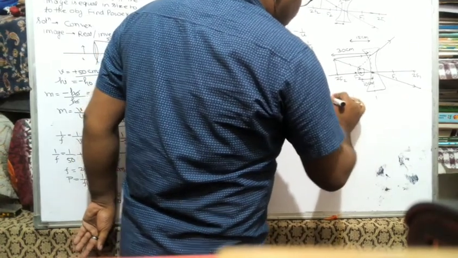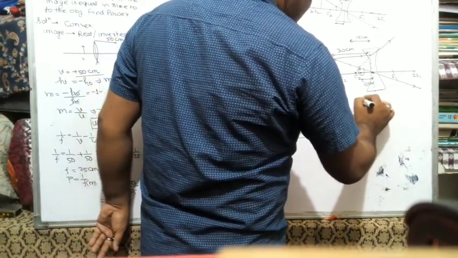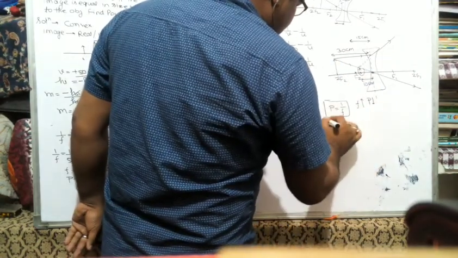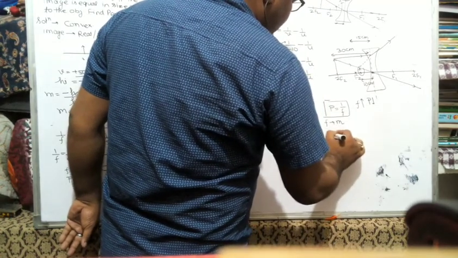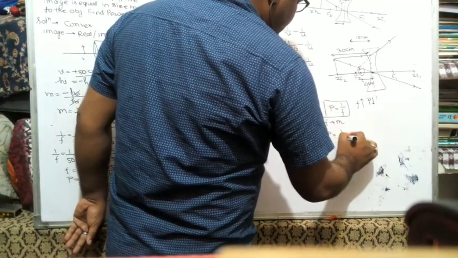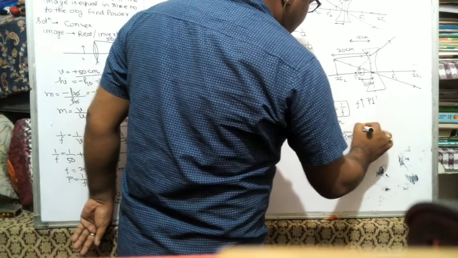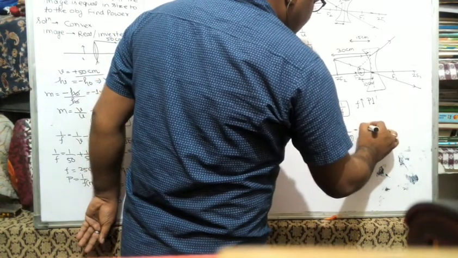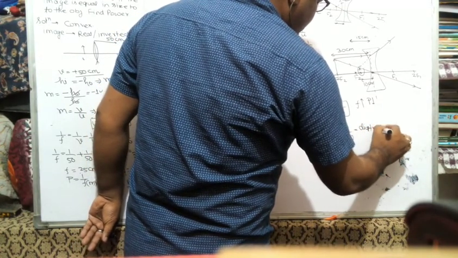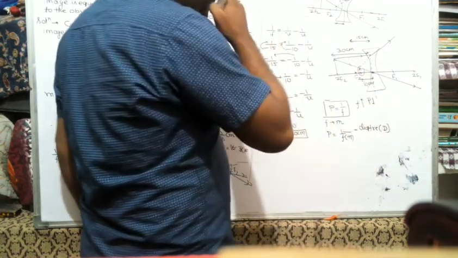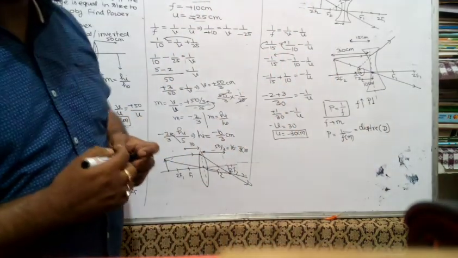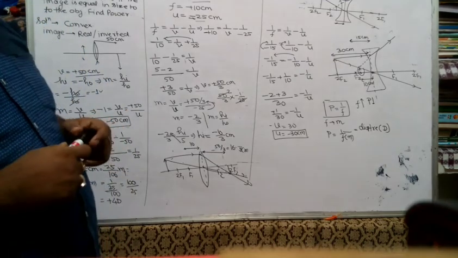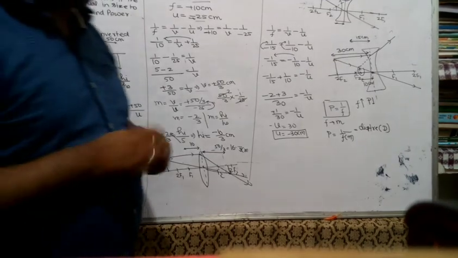It means if focal length increases, then power will decrease beta. If f is in meter, then power 1 upon f will be in diopter, that is capital D. Remember focal length must be in meter and then power will be in diopter.